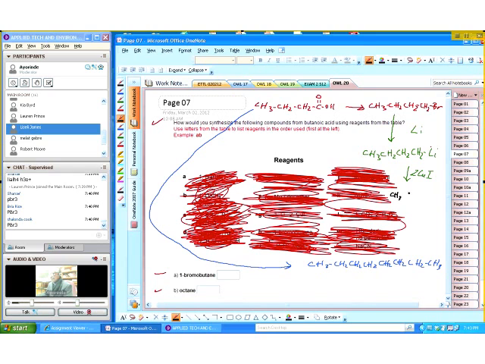When you do that, you form your copper lithium reagent. Now you have CH2, CH2, CH2, 2 of them here. Then you have copper, then you have lithium. So now you form your copper lithium reagent.